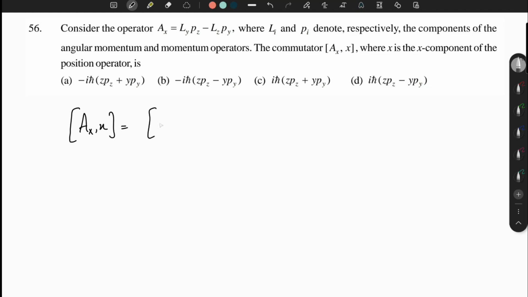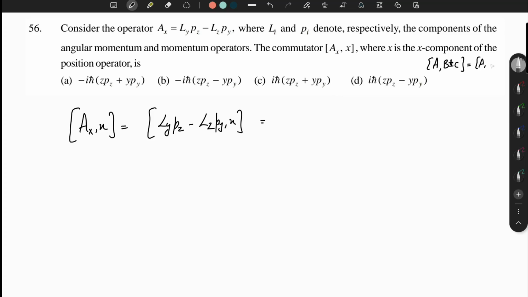So Ax is given to us. Ax is Lypz minus Lzpy, comma x. Now we can break this into, because we know that the commutator of a comma b plus minus c, we can distribute it over the negative or the positive sign.